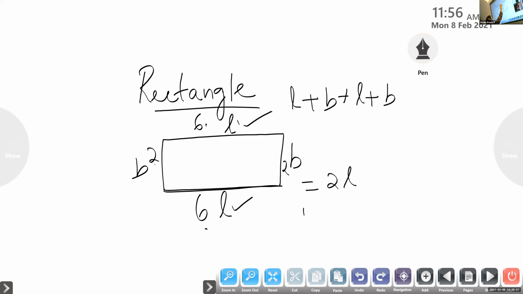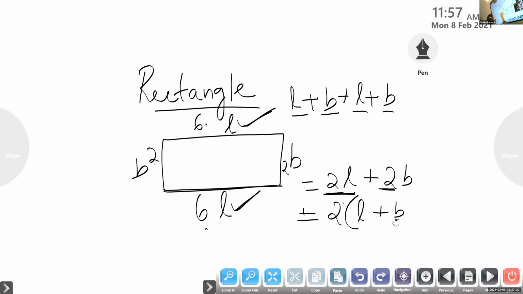So here L plus L, 2L, and B plus B, 2B. So the formula is 2 times, I'm taking this 2 common from both the terms, 2 into L plus B. So the formula for finding the perimeter of a rectangle: L is added 2 times, and breadth is also added 2 times.